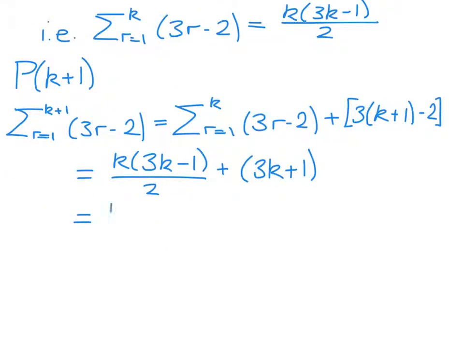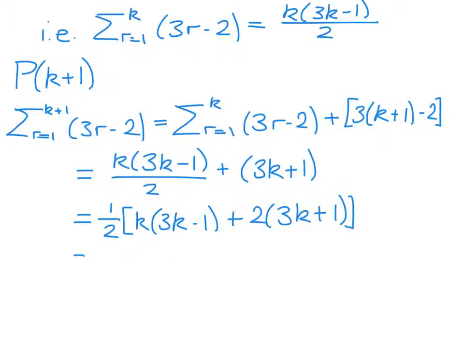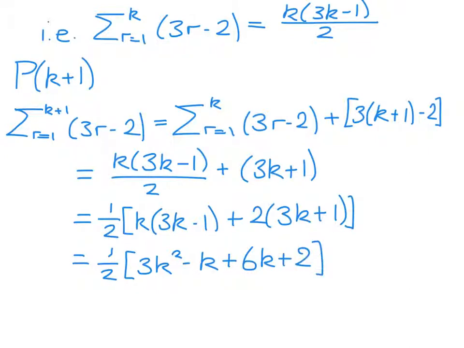We get this is equal to a half times k times 3k minus 1 plus 2 times 3k plus 1, which is equal to a half times 3k squared minus k plus 6k plus 2. Simplifying further, we get this equals a half times 3k squared plus 5k plus 2.